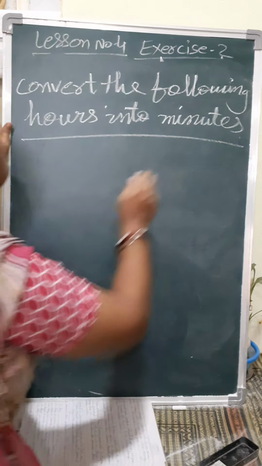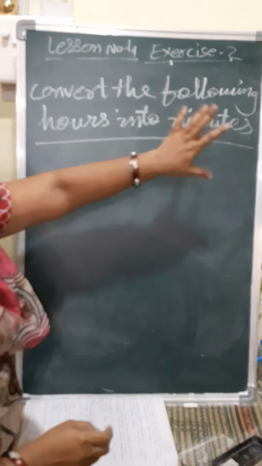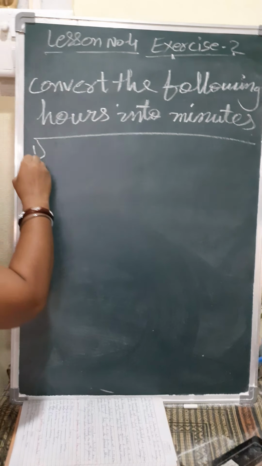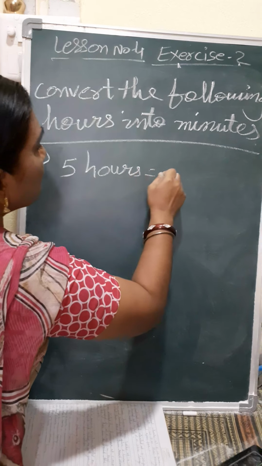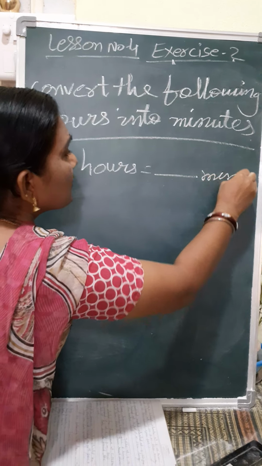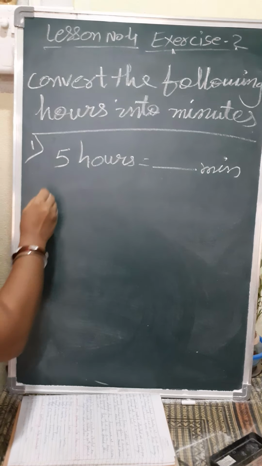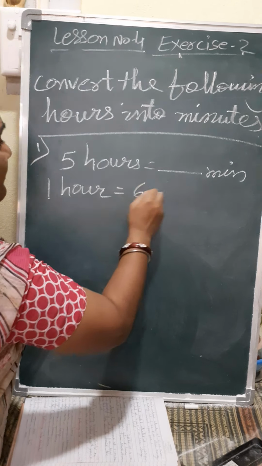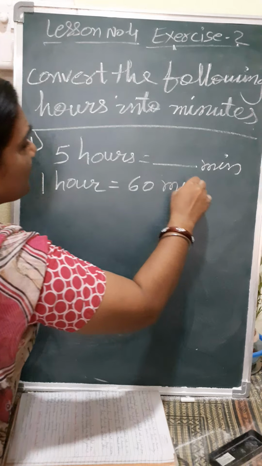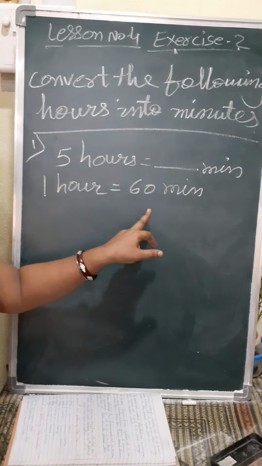Now we are going to learn how to convert hours into minutes. I'll give the example. Suppose 5 hours equal to dash minutes. How will we find out? 1 hour equals 60 minutes. You know already, I had explained. 1 hour equals 60 minutes.